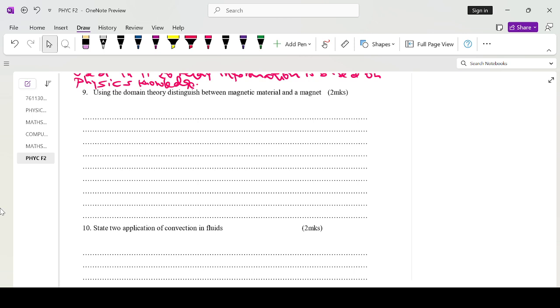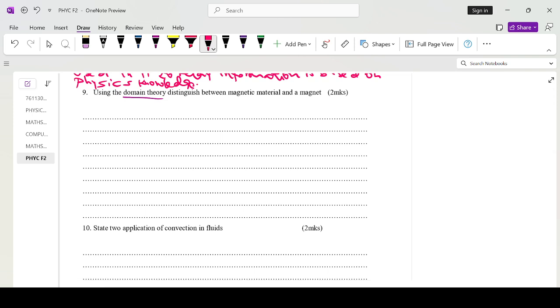Using the domain theory, distinguish between magnetic material and a magnet. How do we distinguish this? Remember, the difference should come out using the domain theory. And hope learners will all recall what domain theory is.